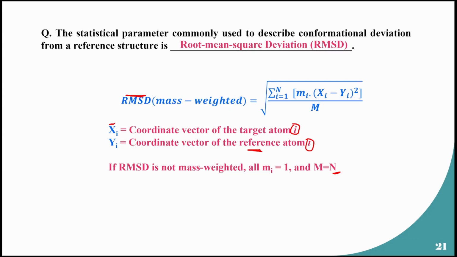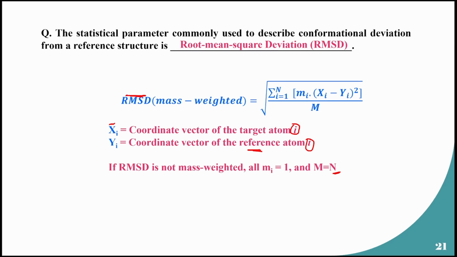So for ligand binding, you can calculate the change after ligand binding, for example in a protein, or you can compare the initial structure of the ligand and how the structure of the ligand is changing in a simulated environment. Okay.